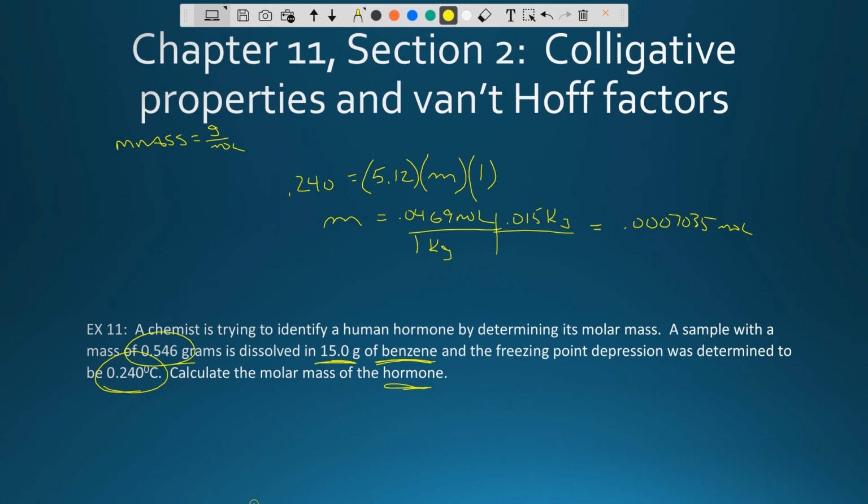So if I take that, 0.546 grams, I end up with a value of 780 grams per mole. Okay, so 700-something grams per mole, and we can identify it from there.